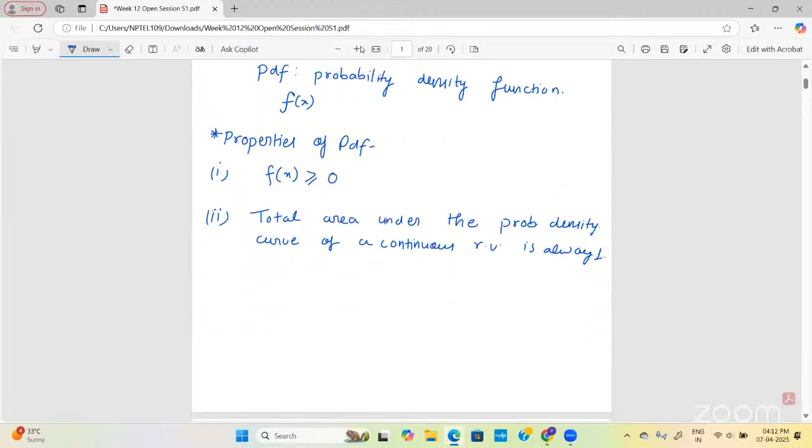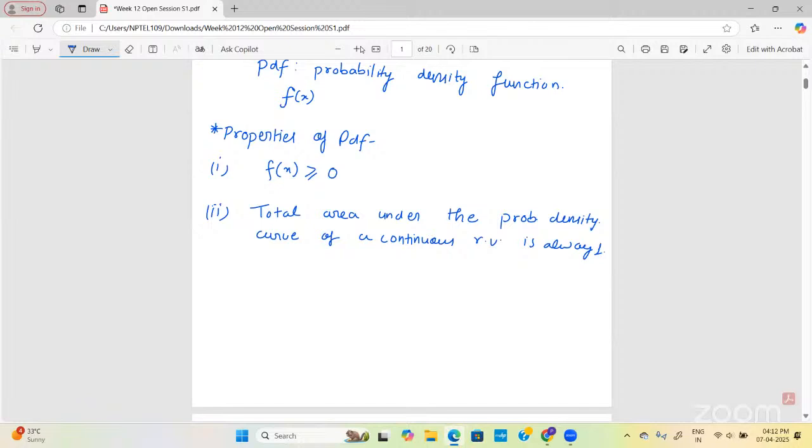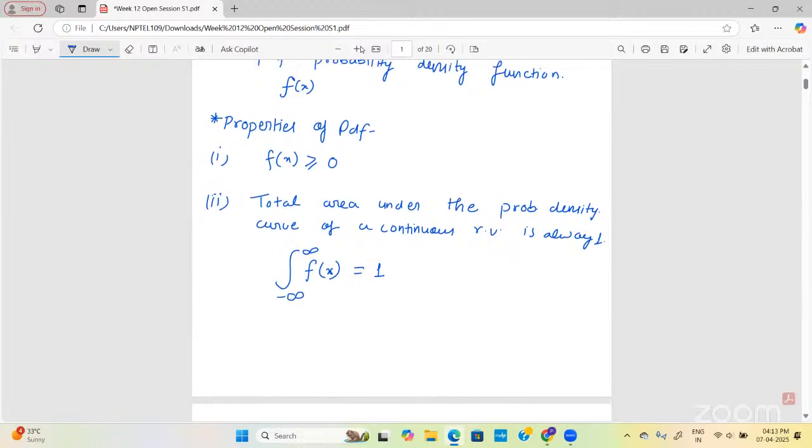How can we represent it mathematically? We integrate this probability density function of a continuous random variable over the limits, generally minus infinity to plus infinity, and that should be equal to 1. So these are two properties of the PDF.